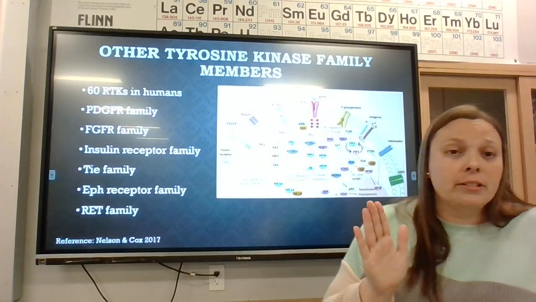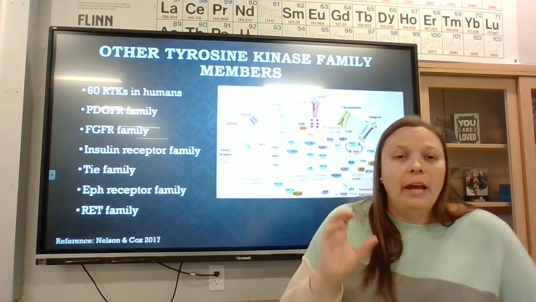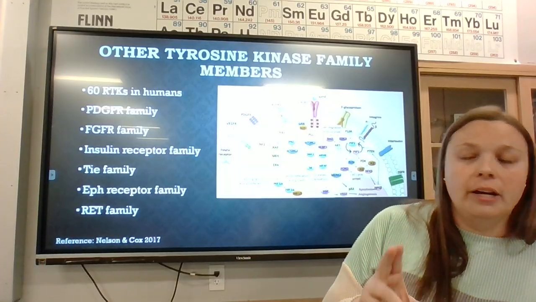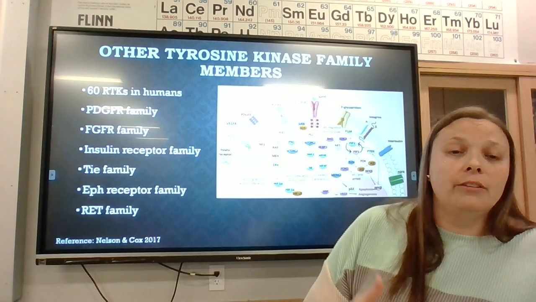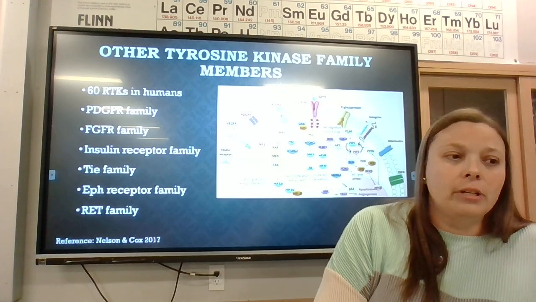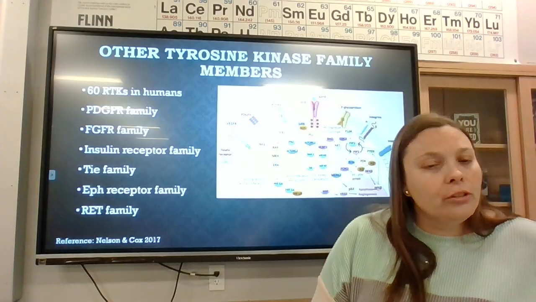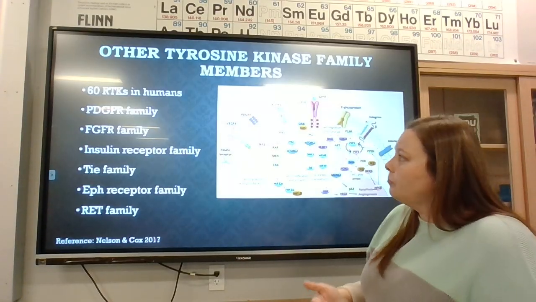We have the one alpha helix that runs through the membrane. And then we have the inside portion of the enzyme that through dimerization and phosphorylation can actually transfer and signal messages to the inside of the cell, including the nucleus, as well as other chemical components.